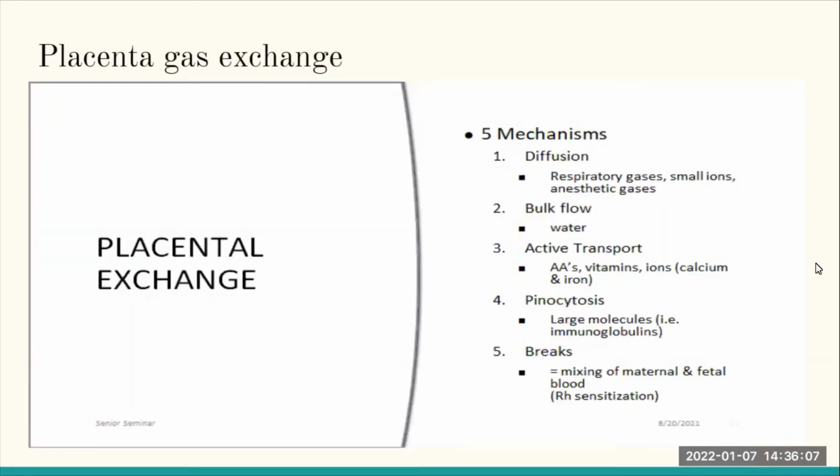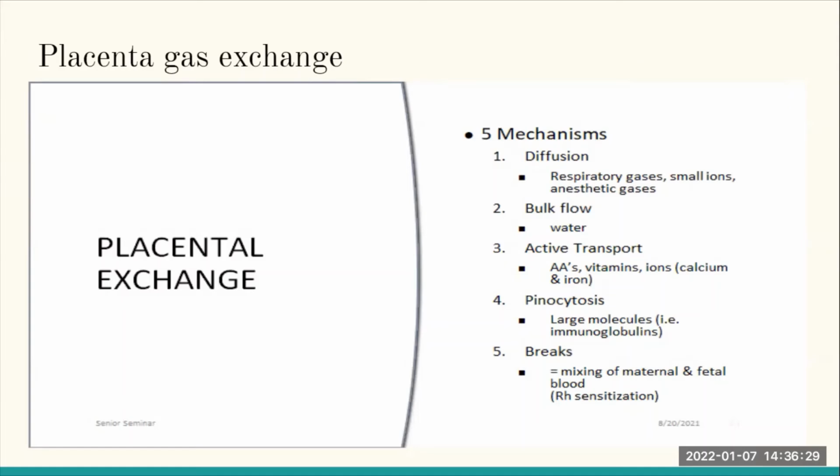We will talk about placental exchange, which occurs with 5 mechanisms: diffusion, bulk flow, active transport, pinocytosis, and breaks. Diffusion is movement from an area of high concentration to an area of low concentration.